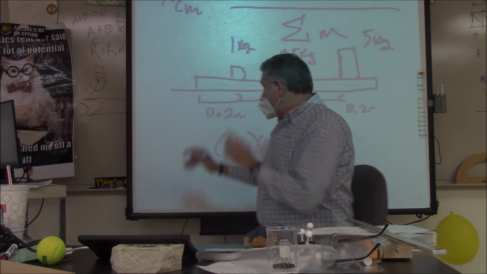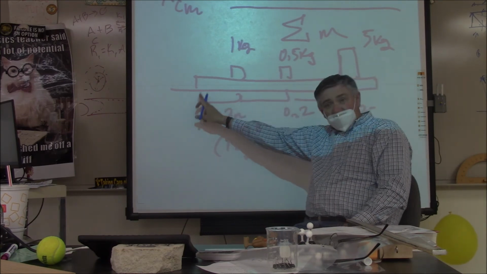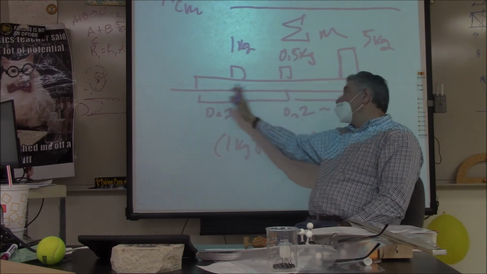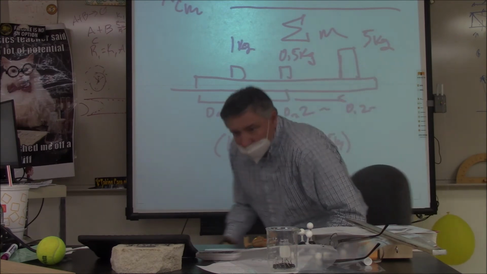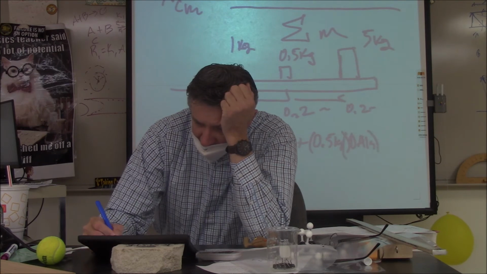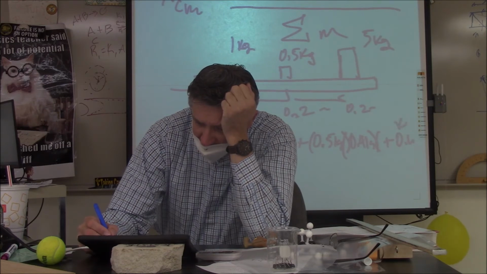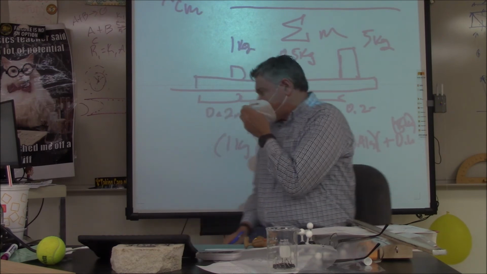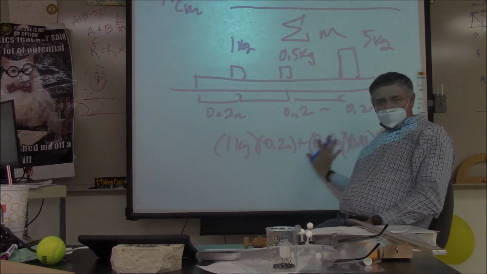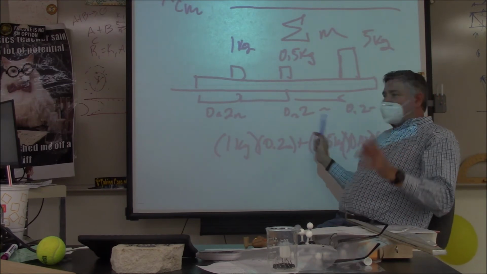Now, with this one, I've got to use a distance of 0.4 because I'm measuring it from this end. So don't use 0.2, I've got to use 0.4. So that's going to be 0.4 times 0.5 kilograms. And then I'm going to have 0.6 meters times 5 kilograms.